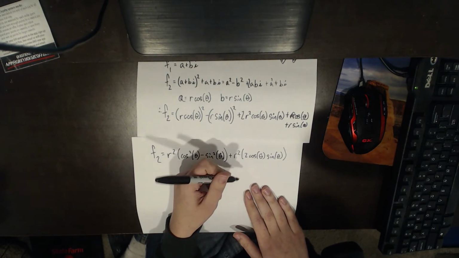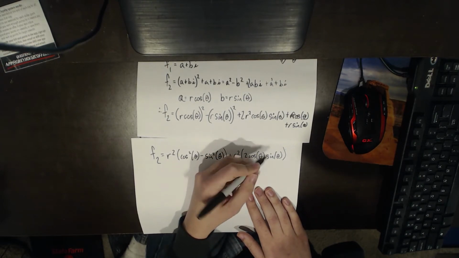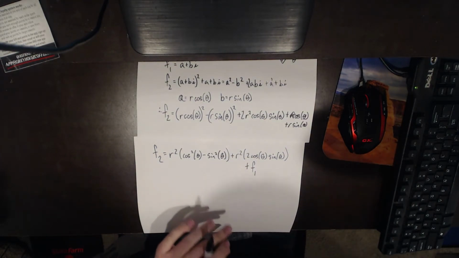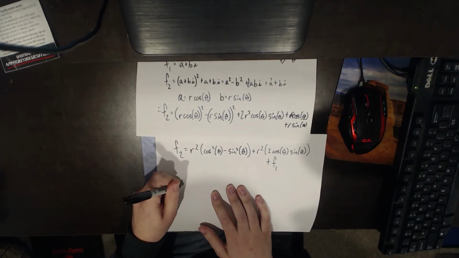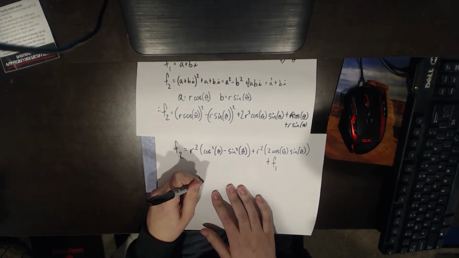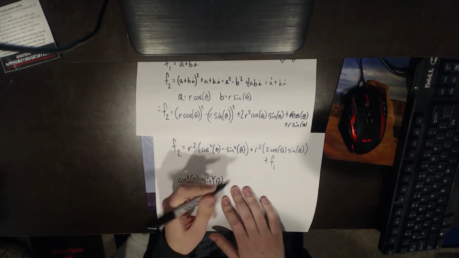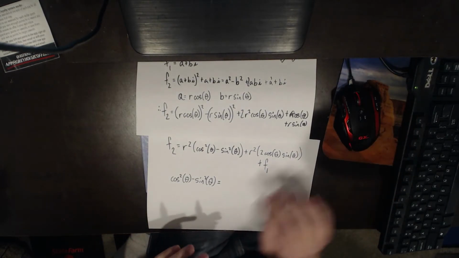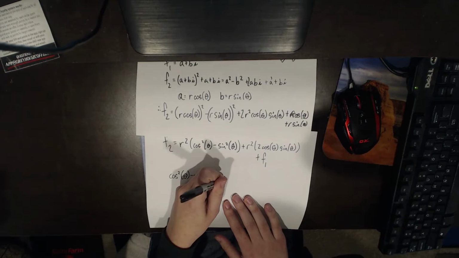So pulling the r squared out of the a squared minus b squared term, we get r squared times cosine squared minus sine squared, plus 2abi, so plus r squared times 2 cosine theta sine theta, and then plus a plus bi. It's just going to be the previous point, right? This is iteration 1, so I wrote it down as iteration 1.